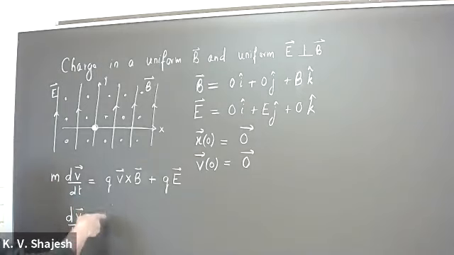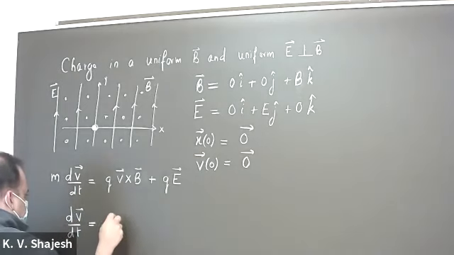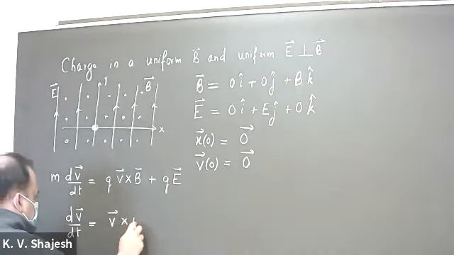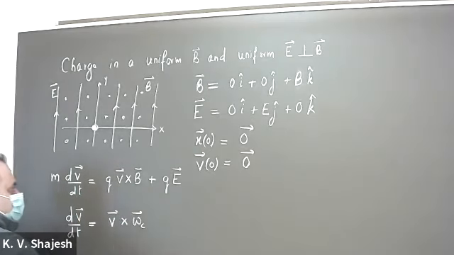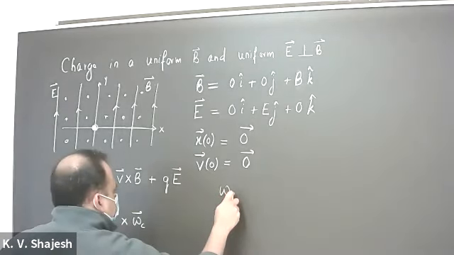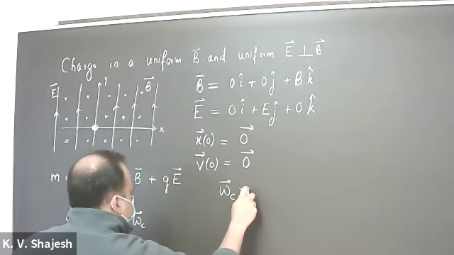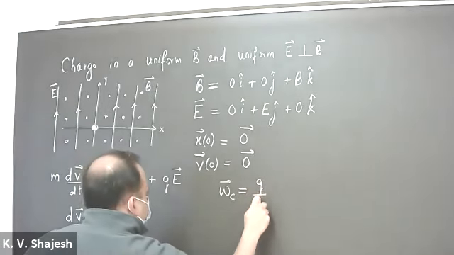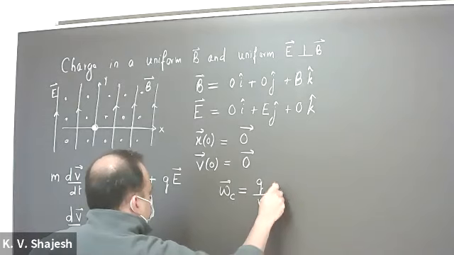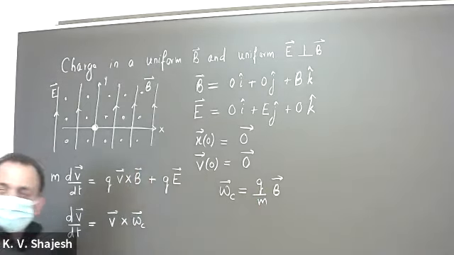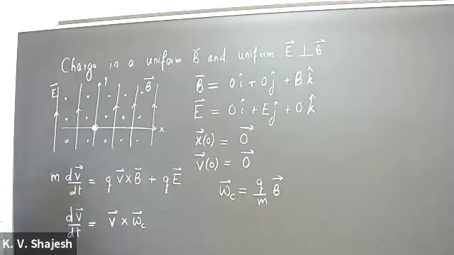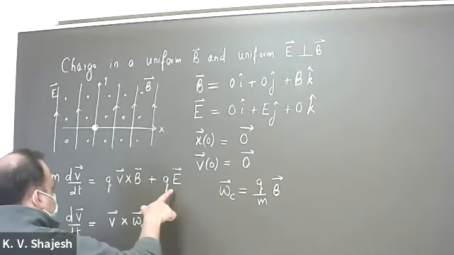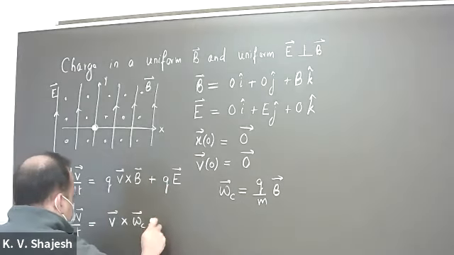That's equal to q over m times v crossed with B. I will call that v crossed with the cyclotron frequency, written as a vector. So the cyclotron frequency is q over m times B. And there's one more term here, q over m times E also.